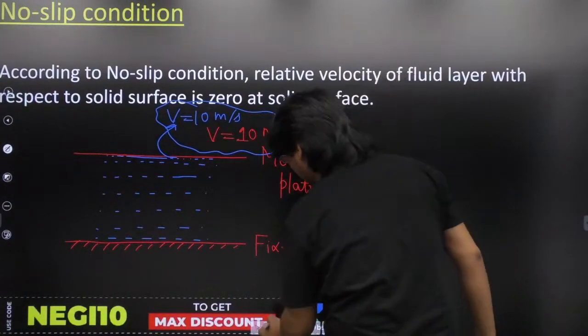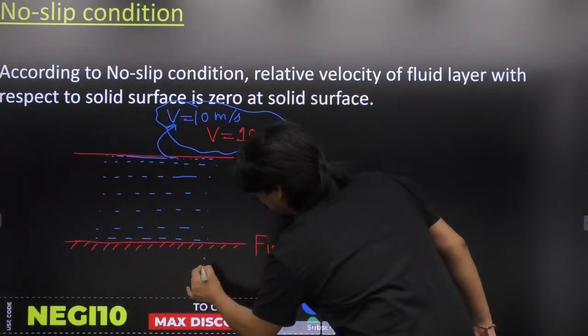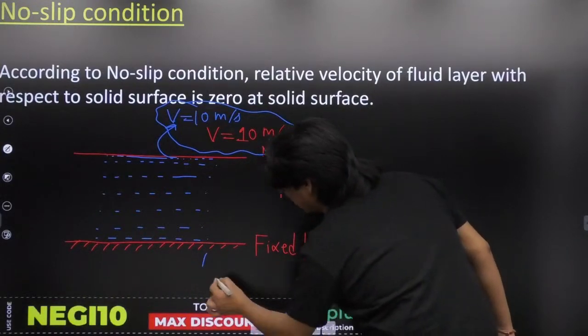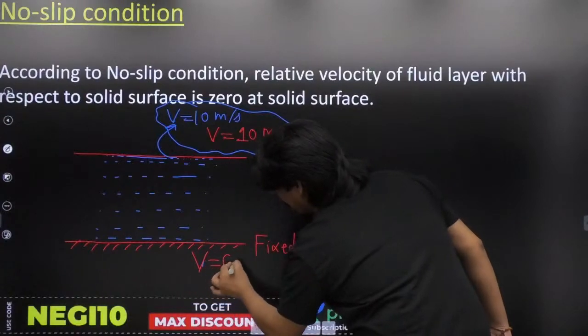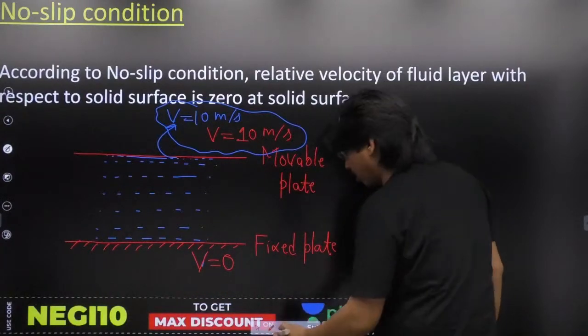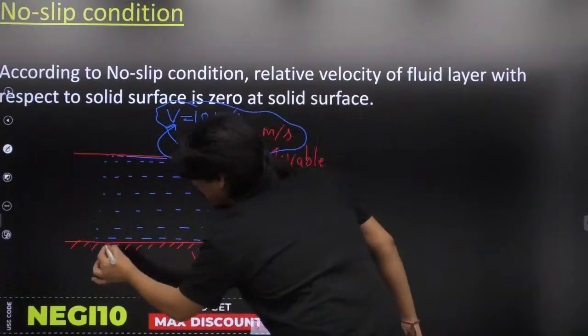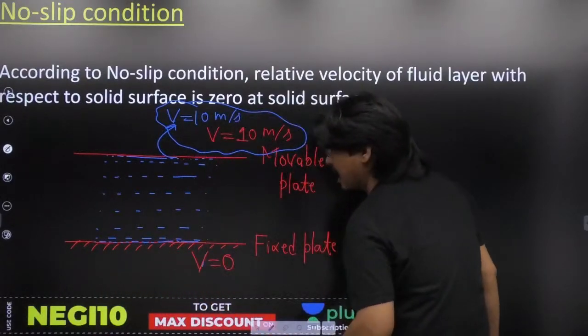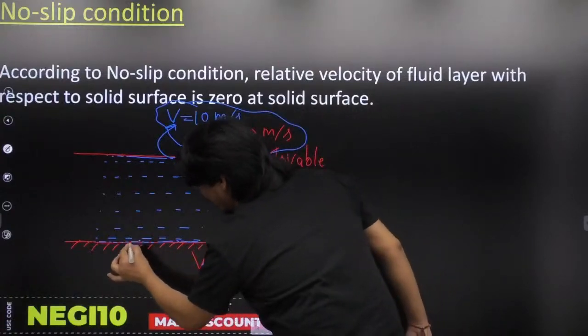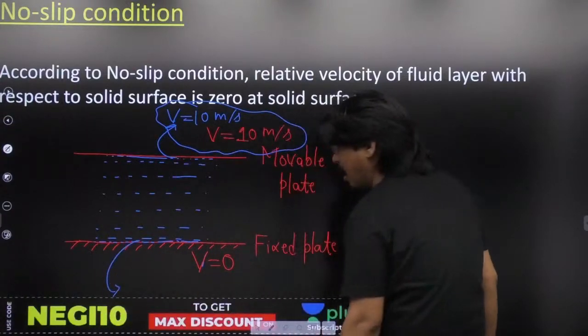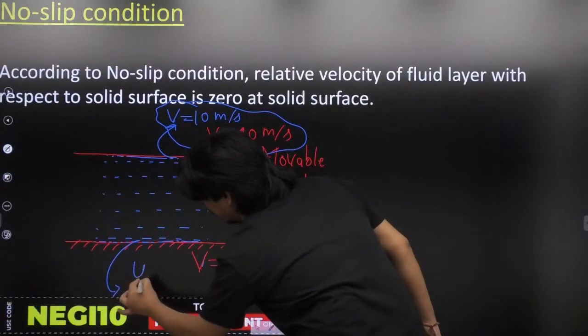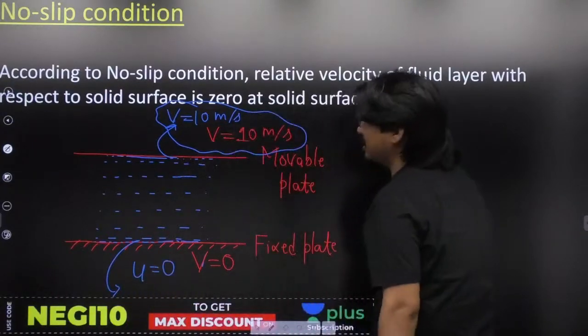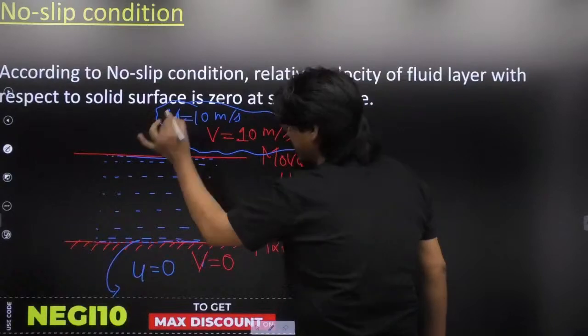Similarly, look at here, 100% this bottom plate is a fixed plate. So 100% its velocity is zero. Now what will happen? This liquid layer which is in touch with this bottom plate will be having velocity equal to zero. Why is the velocity zero?